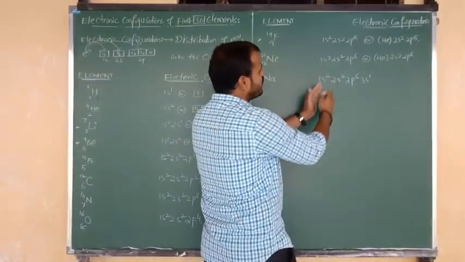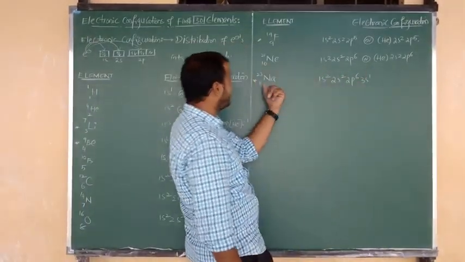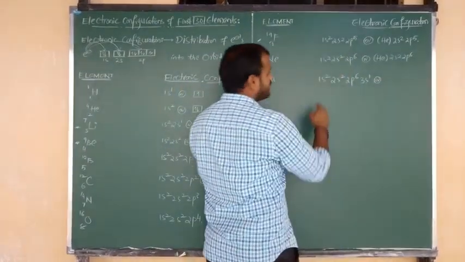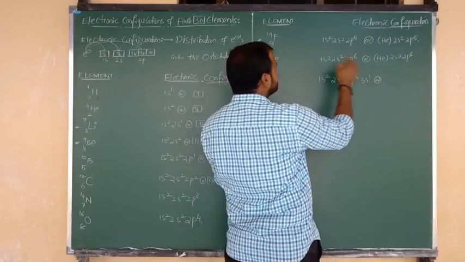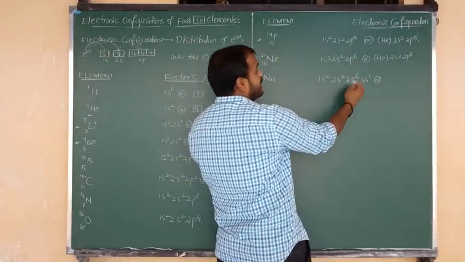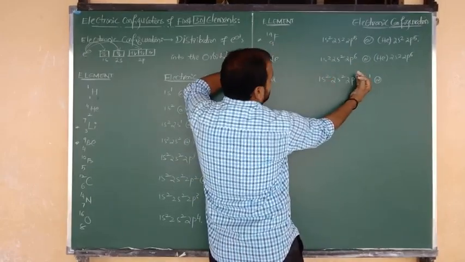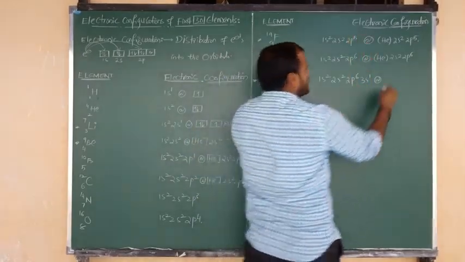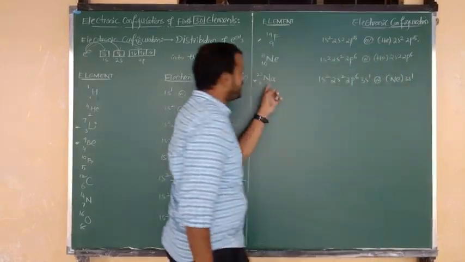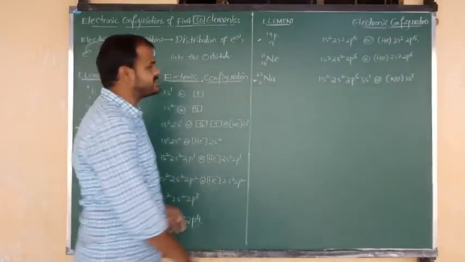So 1s2, 2s2, 2p6, 3s1. This is the configuration of sodium. And also we can write the short configuration. 1s2, 2s2, 2p6 up to here is neon. So neon 3s1 is the short form of the electronic configuration of sodium.